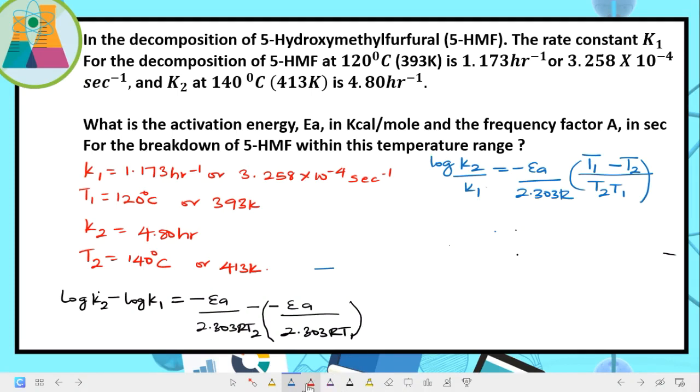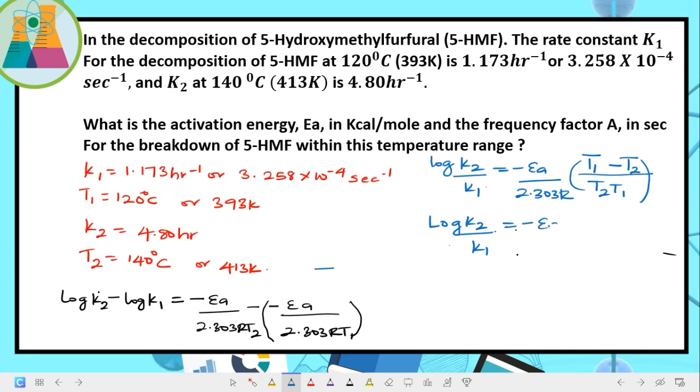Now what you have here can also be written as log K2 all over K1 is equal to, now if you want this T2, because T2 is greater, to come here and then take this T1 to this side, what is it going to give to us? If you use a minus to open through everything, it's going to give us something like this.